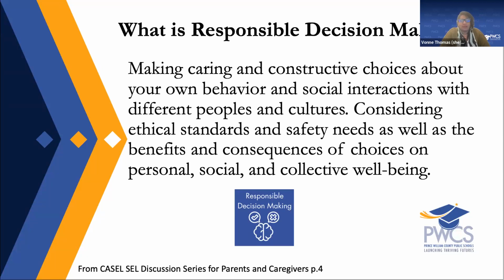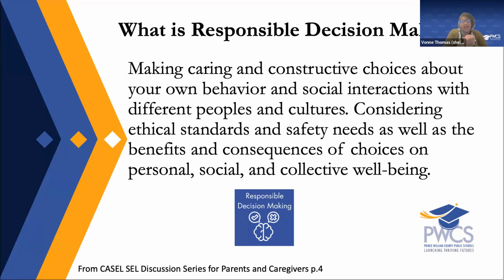It could look like, what are the consequences for not getting our schoolwork turned in on time, or not studying for a test? Or it could even be consequences in the home. What does it look like when we don't make the decision to maybe wash the dishes? What happens? Well, the dishes pile up and now we have no dishes to eat with. So these are responsible decisions.